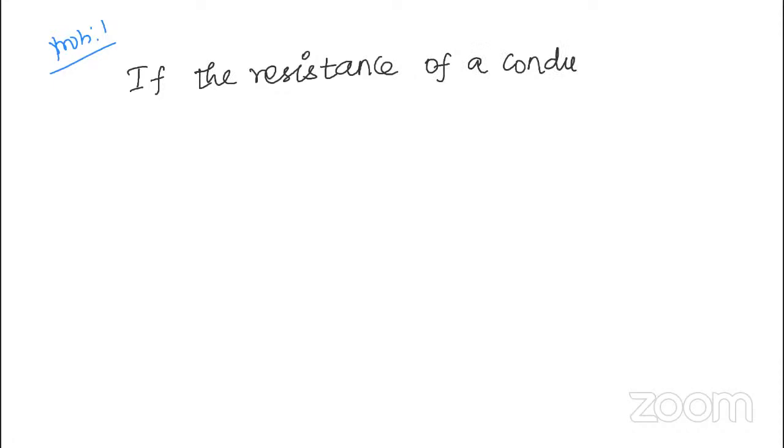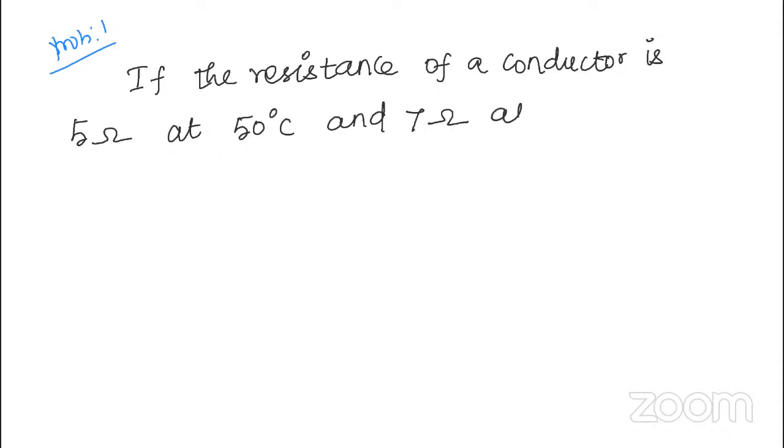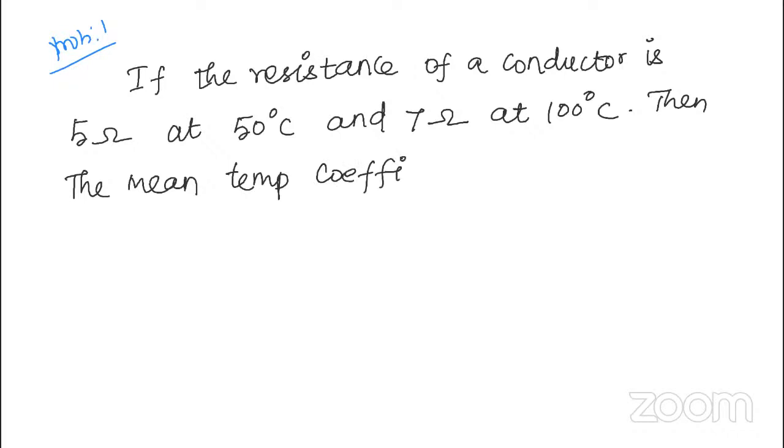If the resistance of a conductor is 5 ohm at 50 degree centigrade and 7 ohm at 100 degree centigrade, then the mean temperature coefficient of resistance of the material is.